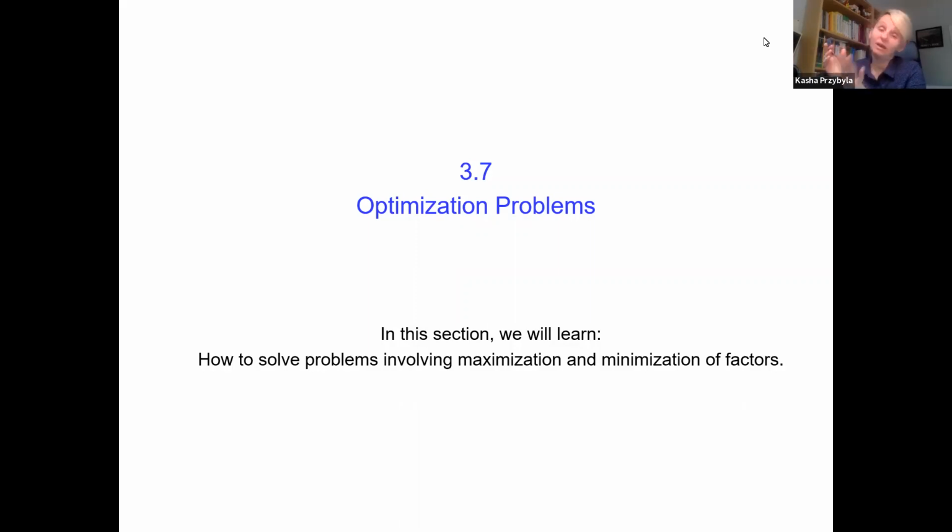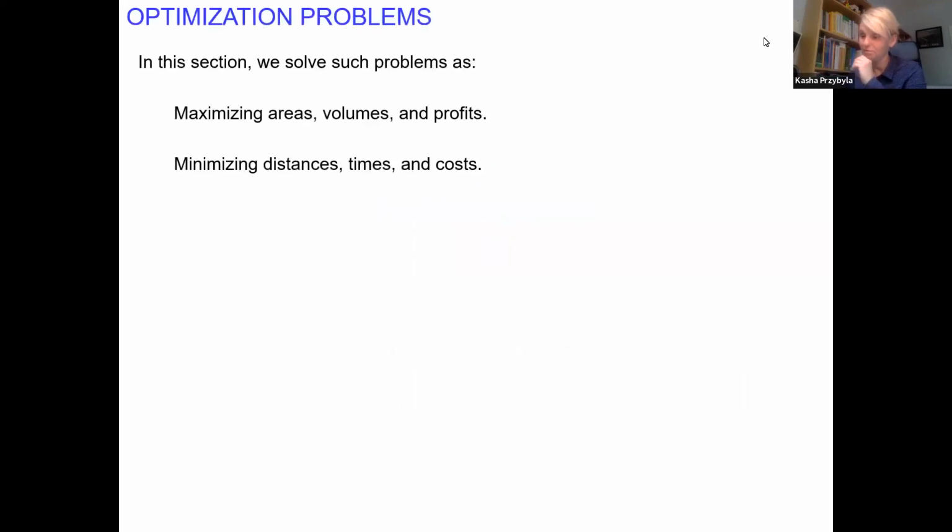Of course, not everything we want to maximize, and not everything we want to minimize. We do have some things that we really like to maximize: profits, some volume, maybe areas. Or sometimes we would like to minimize a distance, time, to be more efficient, or cost, of course, cost. Okay, those are the optimization problems.